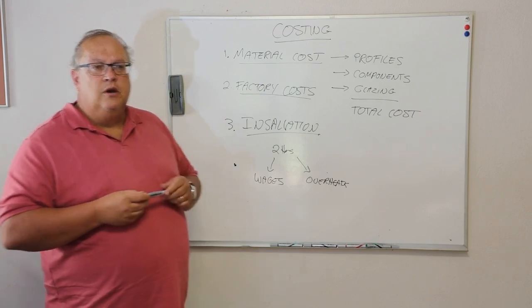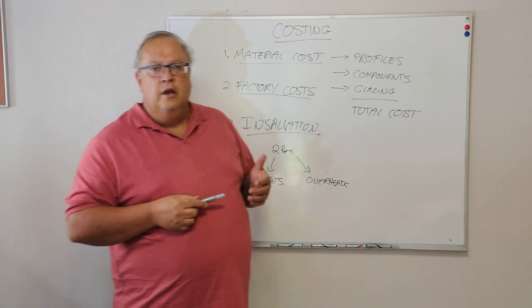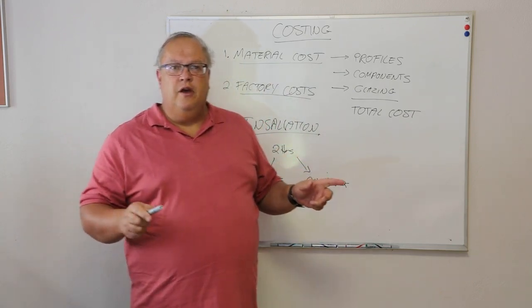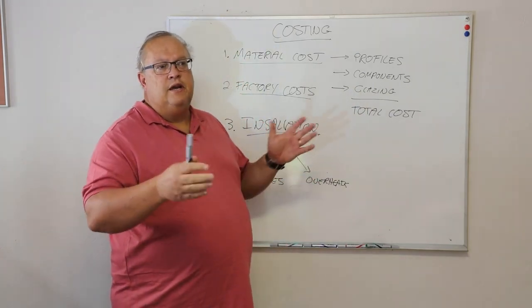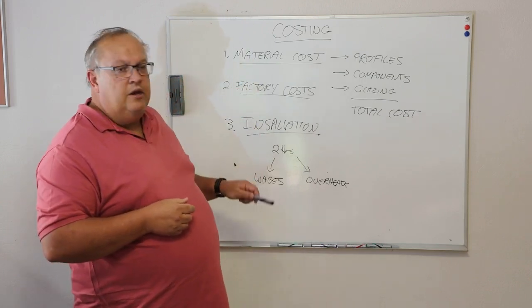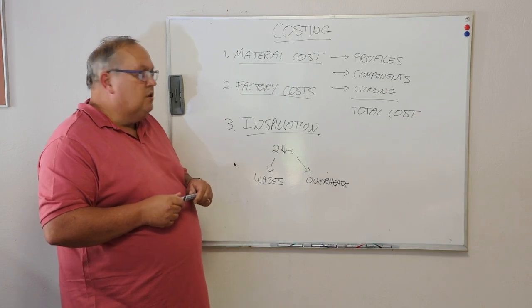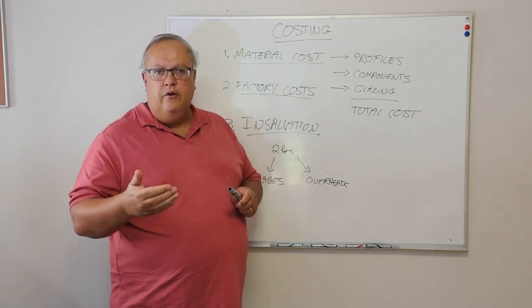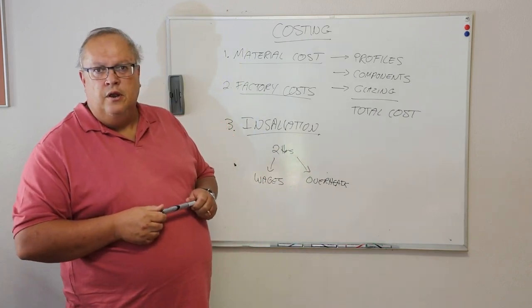The program also allows you, for example, to do installation based on perimeter. If you can do a calculation that says per linear meter of outer frame on that particular job, I am going to charge, let's say, 100 Rand per linear meter. The program does calculate for you both the total perimeter of this job and the total area of that job. And you can take either the perimeter or the area and apply a factor to work out your installation.